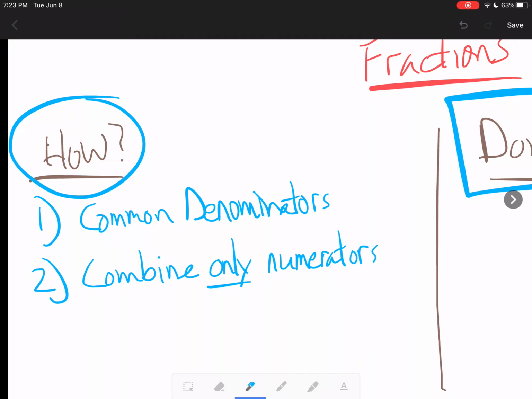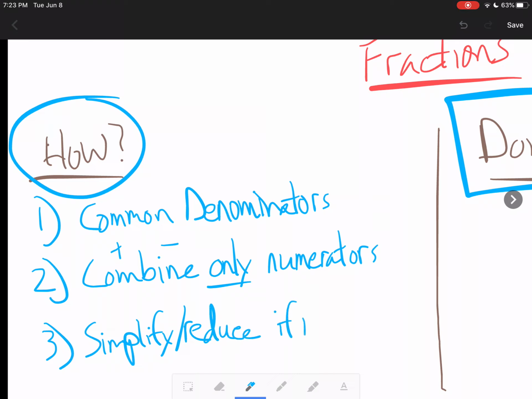Okay? Only the numerators. So that might mean that we're going to add them. It might mean we're going to subtract them. It depends on what we have going on between them. Then the final step is to simplify/reduce if needed.